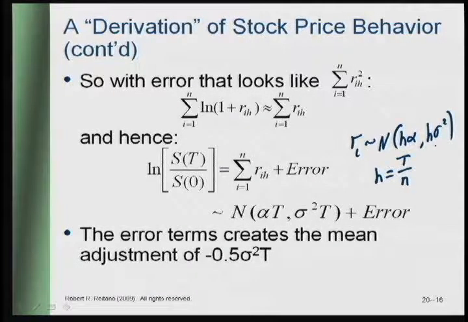So we see readily that the log ratio would appear to be normally distributed with a mean of alpha t and a variance of sigma squared t, and we don't quite yet have that mysterious half sigma squared adjustment that we saw from Brownian motion earlier.